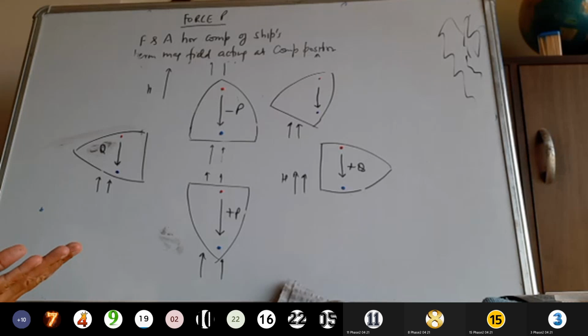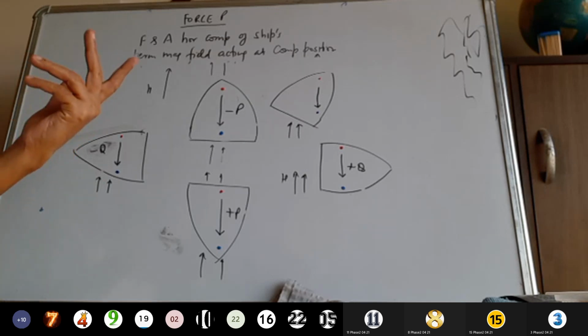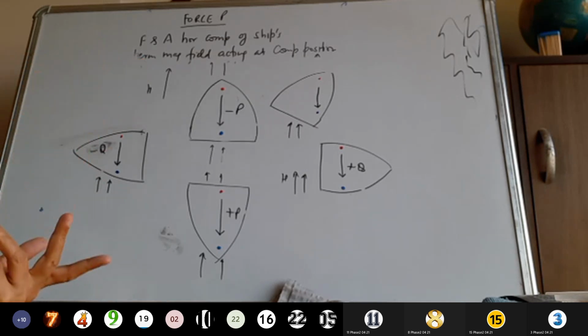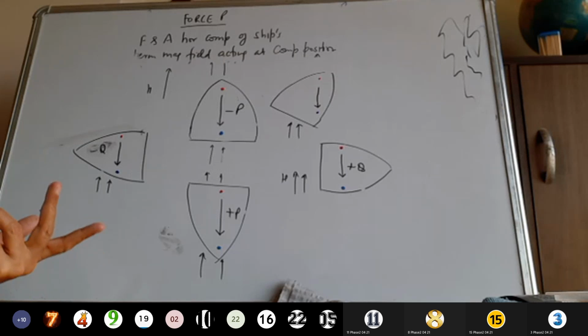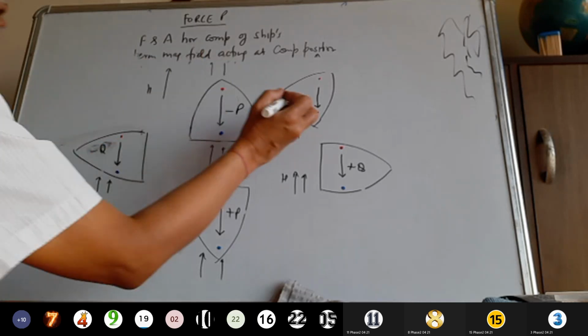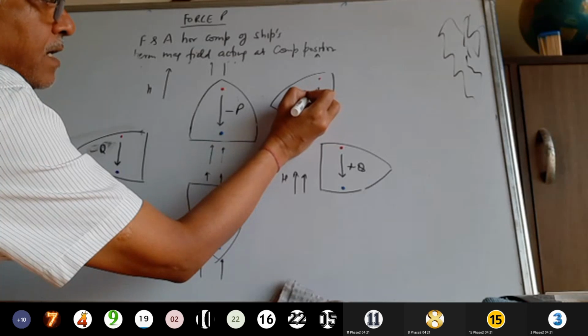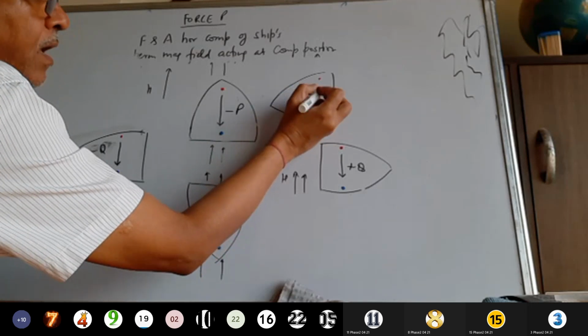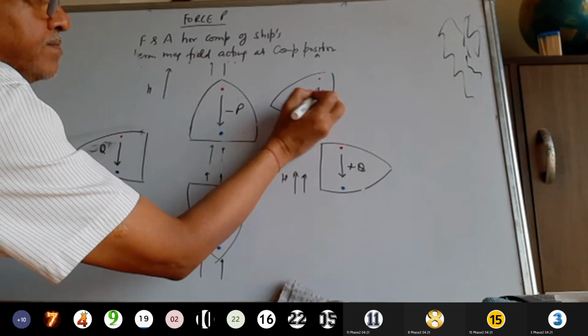So this force, as you can see, is neither purely easterly nor otherwise. This force which is acting from red to blue is acting in what direction? Southeastern. Now you can see it will have a component like this, and we'll have a component like this.